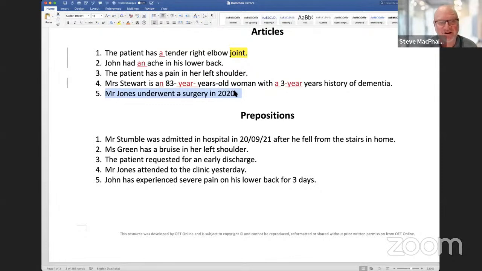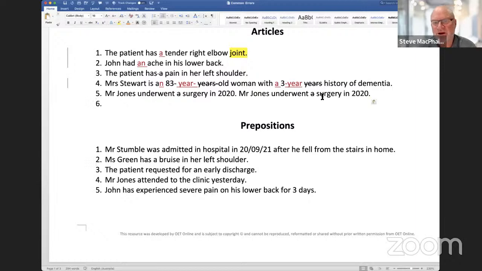For example, in this sentence, I could write, Mr. Jones underwent an operation in 2020. Operation is countable. So these are fairly basic ones, but articles are not that basic.